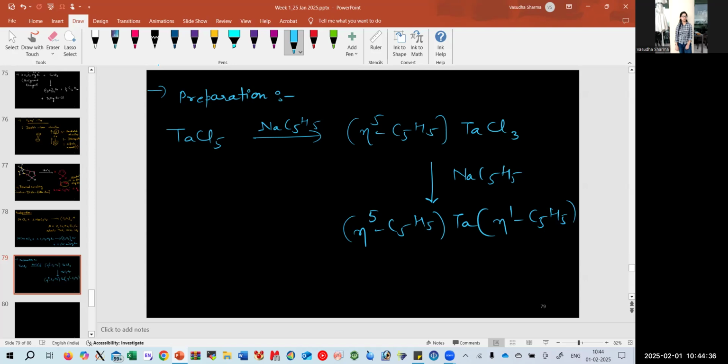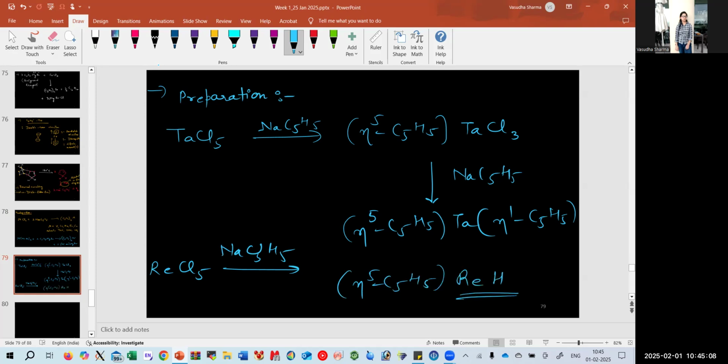This is a vanadium group, but a 5d element. So one will make a sigma bond, the other would make pi bonds also. And if you're treating with rhenium chloride, in these cases, it would end up making an eta 5 C5H5 and a hydride bond as well.